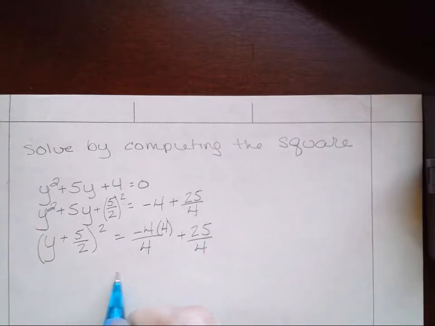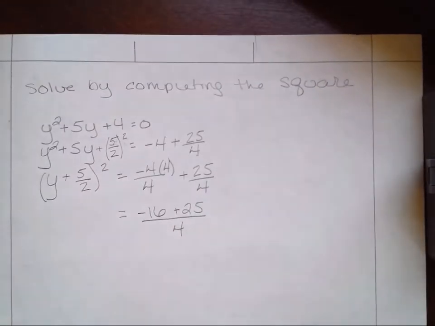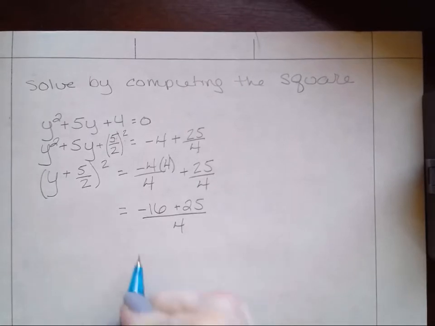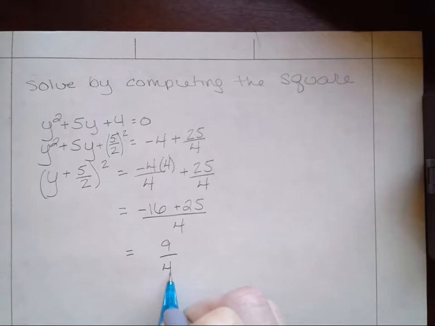So the right side simplifies to negative 16 plus 25 over 4 when we add them together. Negative 16 plus 25 is equal to 9 over 4.